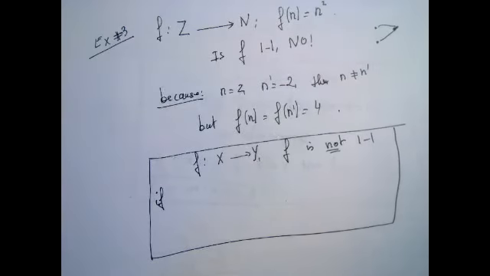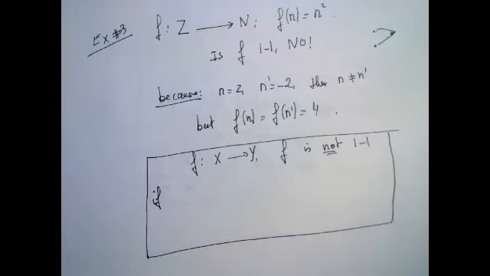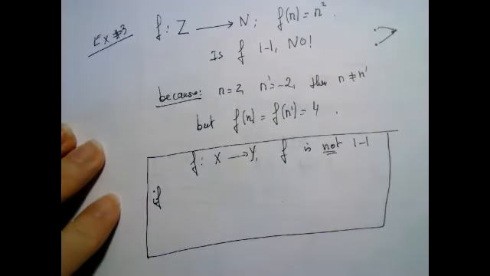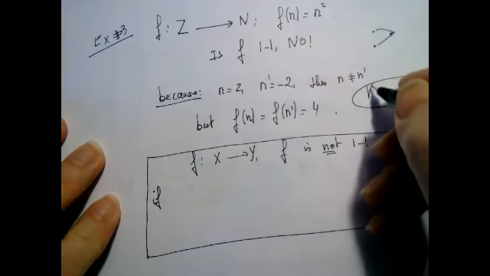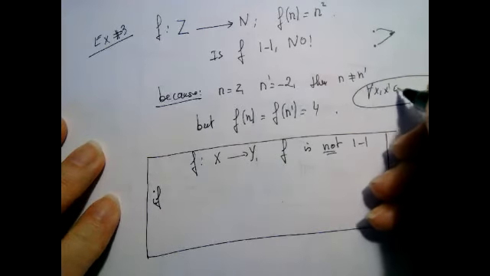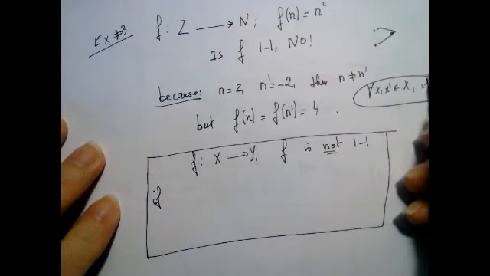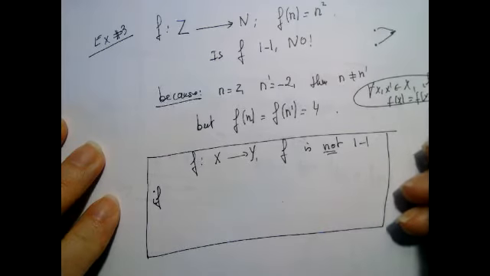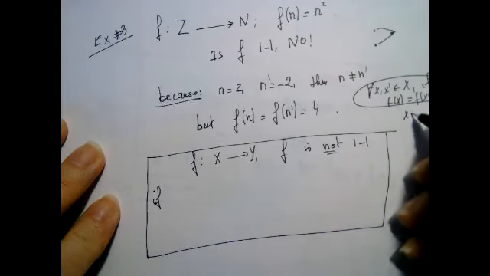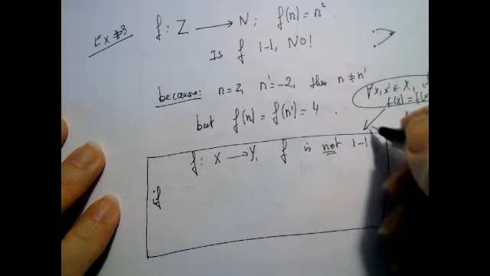Basically, I'm going to negate the fact that f is one-to-one. One-to-one means given any x, x prime in x, if f of x equals f of x prime, then x equals x prime. Now we're going to negate.